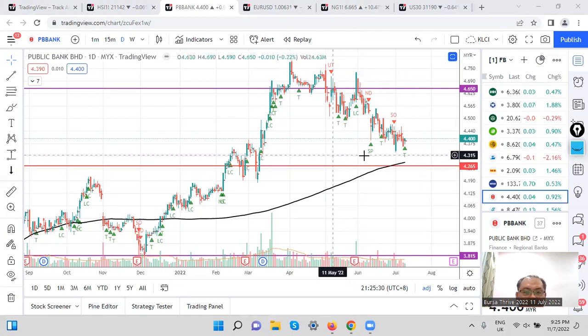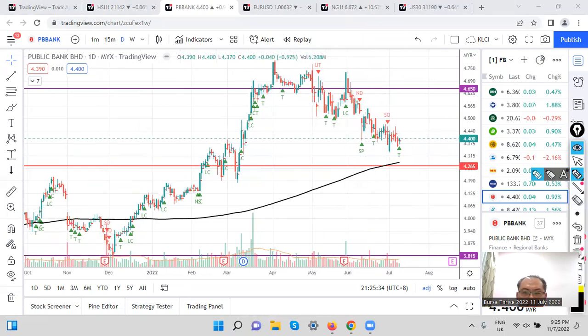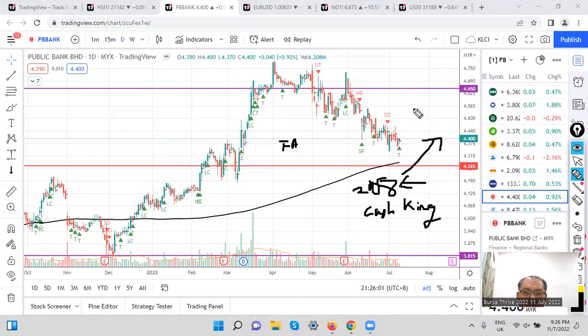Actually, if 2008 really happened, then cash is really king. Why? Because, for example, last time if you bought a lot of stocks in 2008, especially the bank ones, the giant ones with good fundamentals, after only 5 years you would already make a good profit.